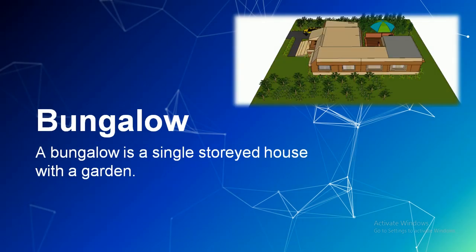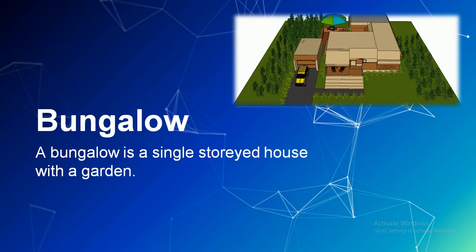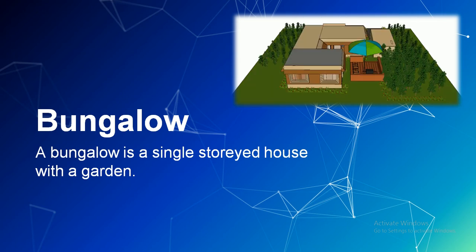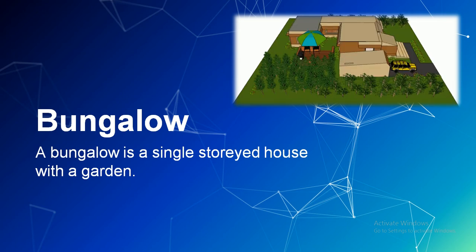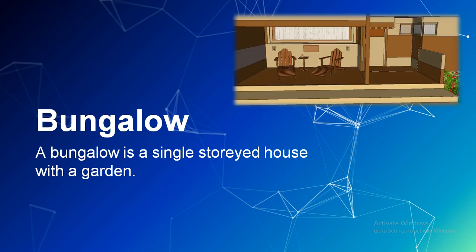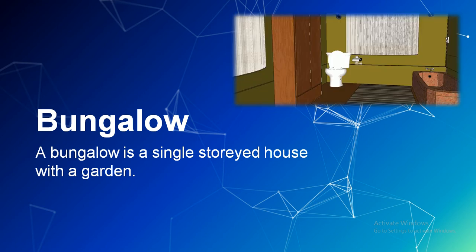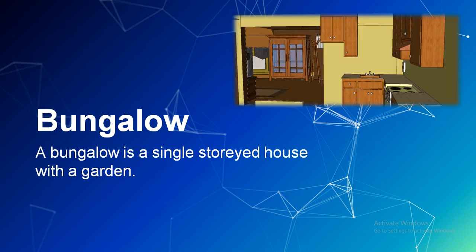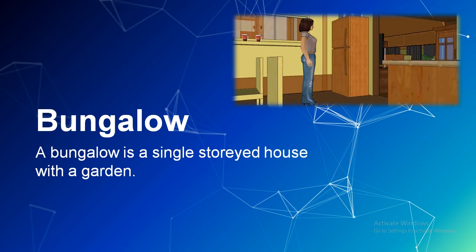Okay students, now let's see about the bungalow. Okay, a bungalow is a single storied house with a garden. In this type of house, the garden is along with the house. Okay, these types of house can be a kacha house or pakka house, depending on the location, but a bungalow means there will be a single family.